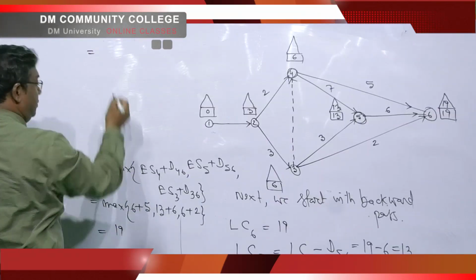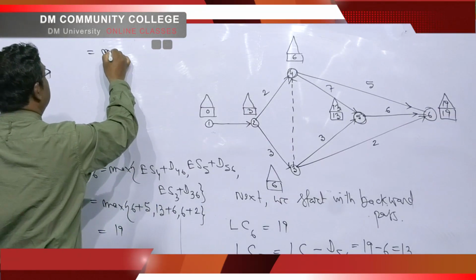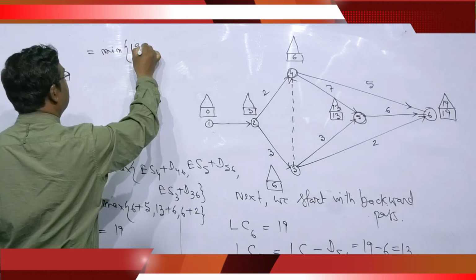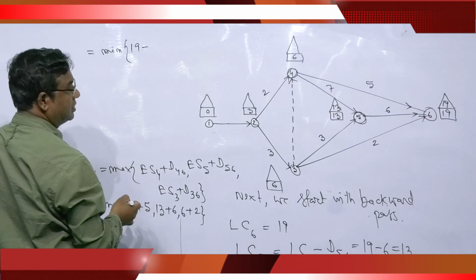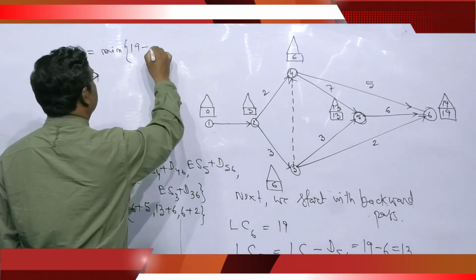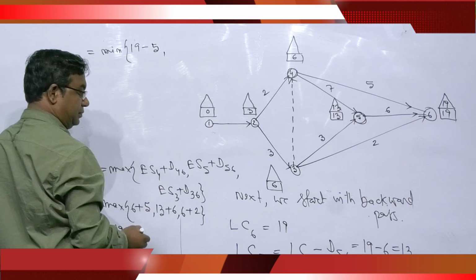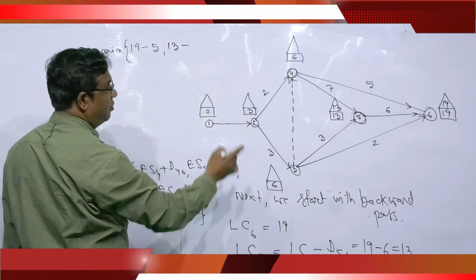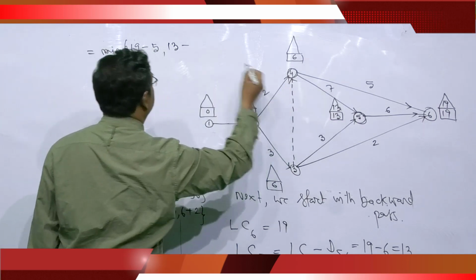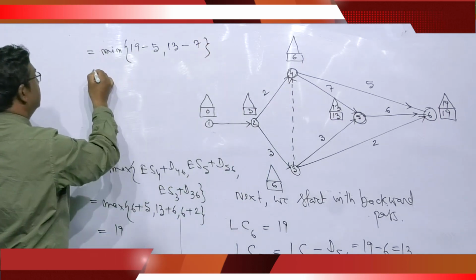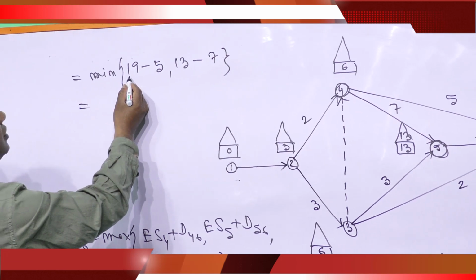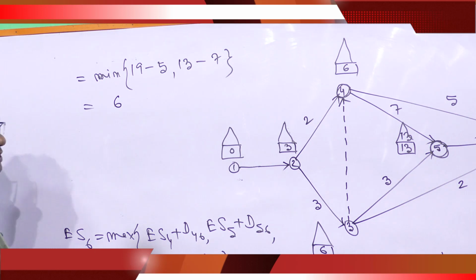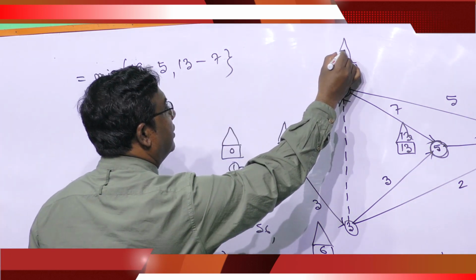This is equal to the minimum of LC6 19, D46 duration is 5, LC5 13, D45 7. So this is 14, this is 6. We have to take the minimum, 6. So here we have to write 6.